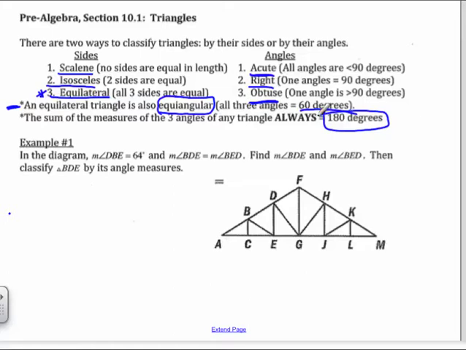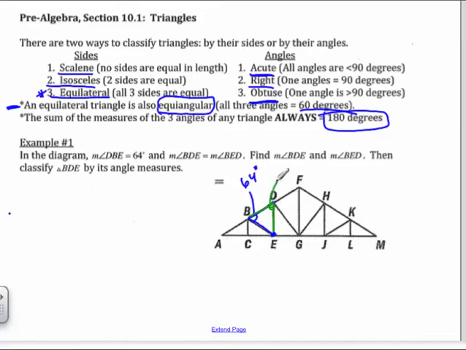It says, in the diagram, the measure of angle DBE. That means start at D, go to B, and then go to E. So that's this angle. The measure of that angle is 64 degrees. And the measure of angle BDE goes this way.